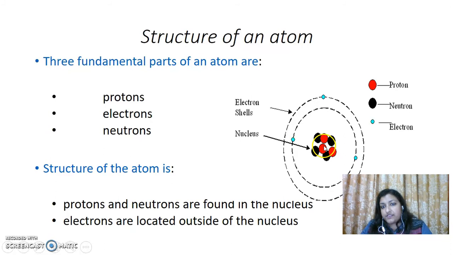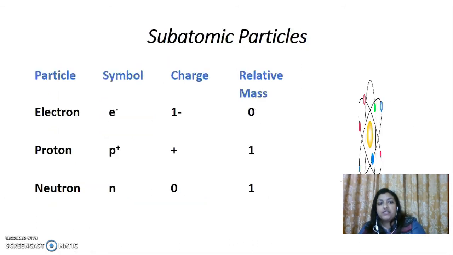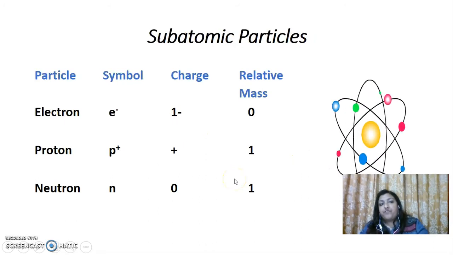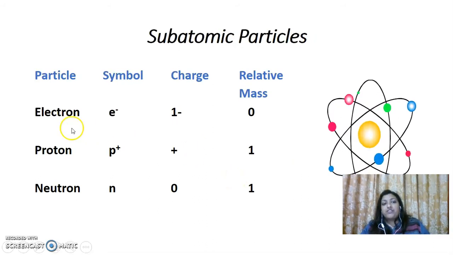Now, the protons and the neutrons are located in the nucleus, and your electrons are located outside of the nucleus. These protons, electrons, and neutrons are the subatomic particles which have certain charges. As you can see here, the electron has a negative charge.